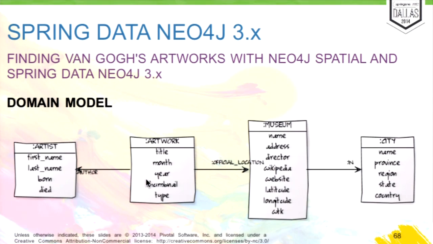So we will do some queries on top of our graph database. This is the domain model we talked about some minutes ago. We have the artist, we have the artworks, and we have the relationship of artwork to its author. Then we have an official location for the artwork, which is the museum that hosts it, and the museum is located in a city.